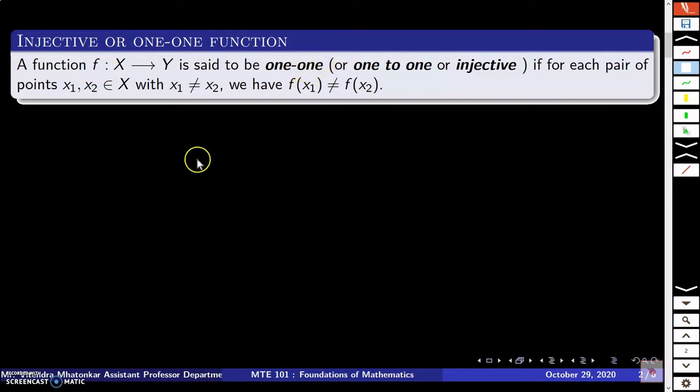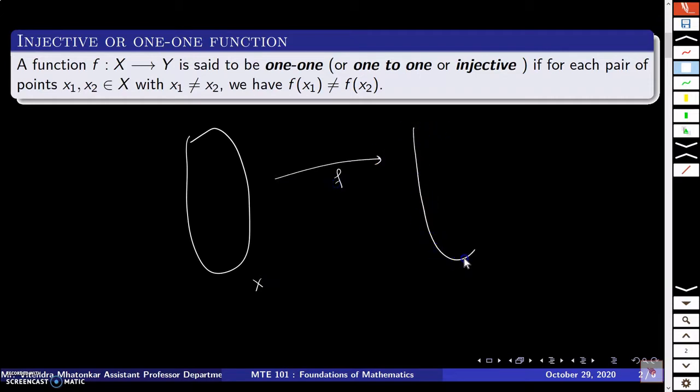So geometrically, supposing I have some set x here, that is the domain, and this is my function, and this is my set y. Then supposing I pick up two different points here, let me call them x1 and x2, such that x1 is not equal to x2.